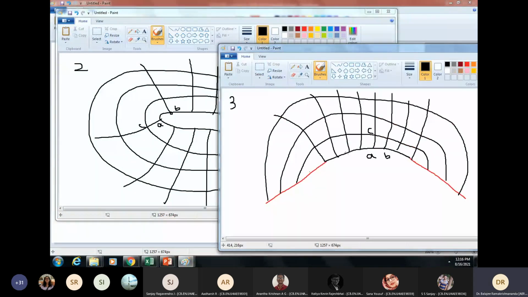Meanwhile, these lengths are not constant. They are like rubber bands. They can be compressed or extended. A small length may become larger, and a larger length may become smaller when you do this transformation. They are elastic. Now you see, this looks nearly like a rectangle.